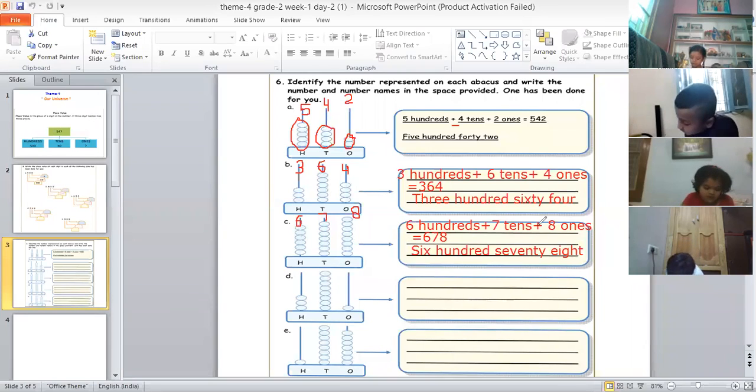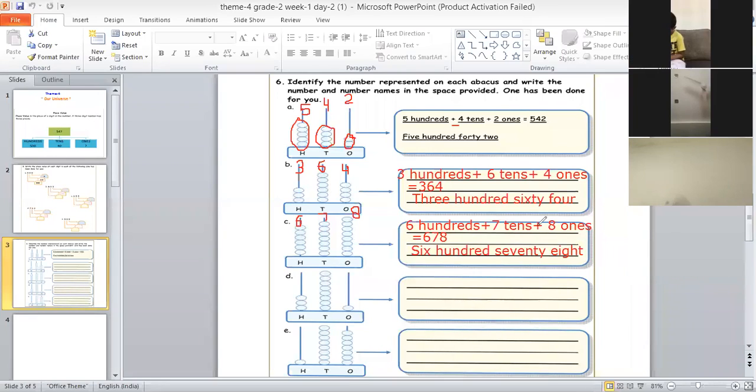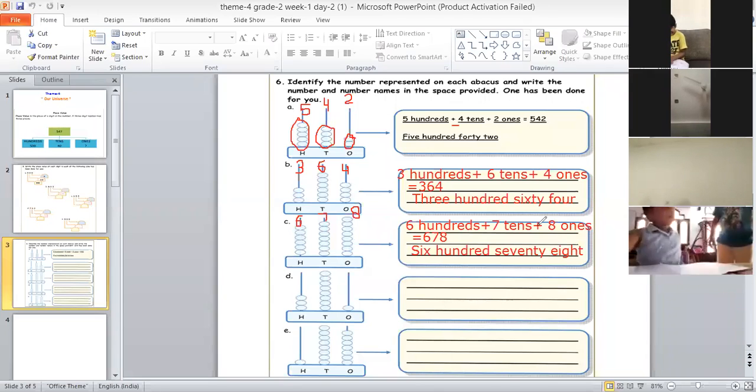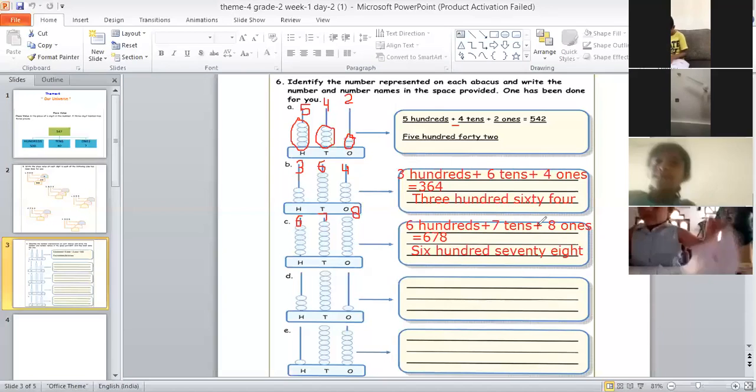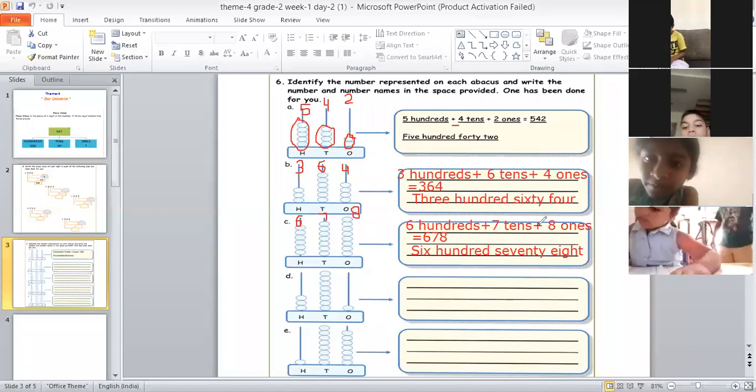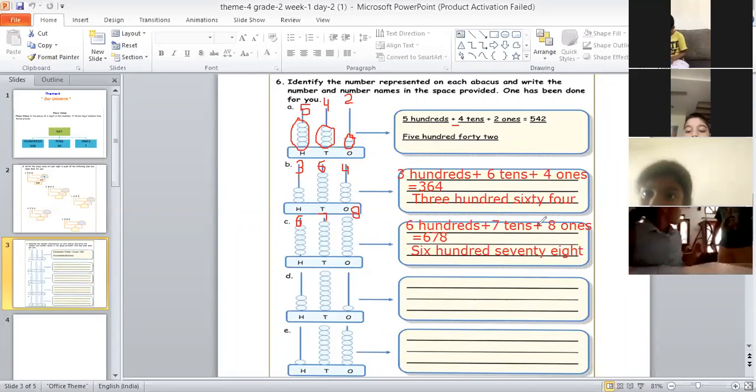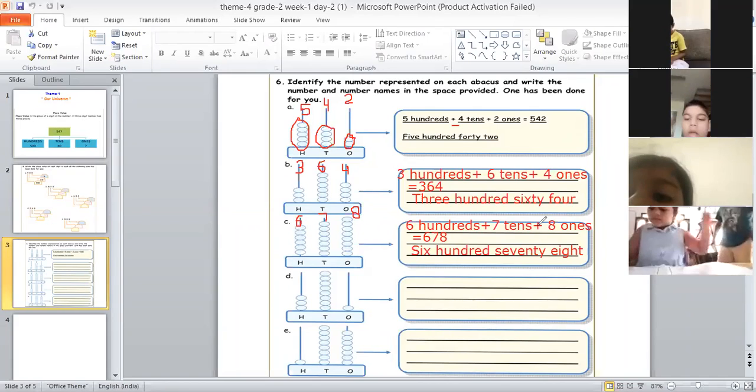Now next question. That is bit D. Devansh, unmute yourself and count how many beads are there in hundreds place. Bit D, fourth question.